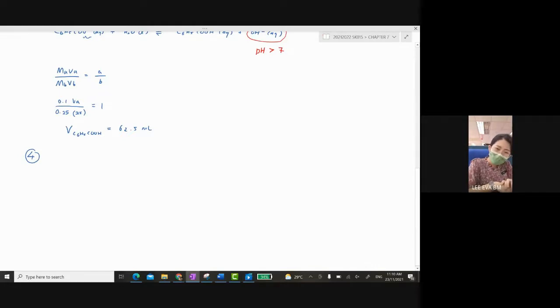What do we want to find after equivalence point? Final pH, which depends on the titrant. So in this case, our titrant is a weak acid, a weak species. So we try to recall the ways to calculate pH value for a weak acid.